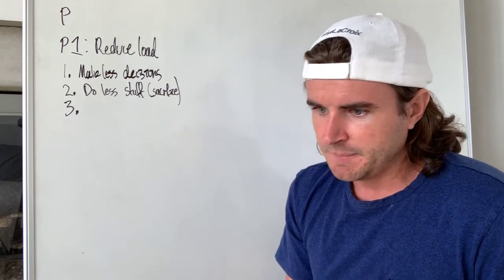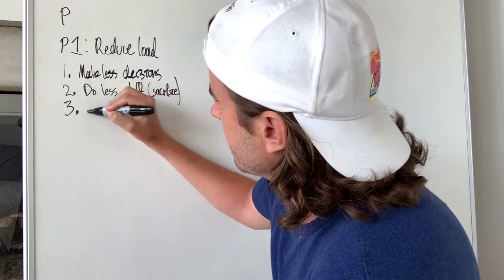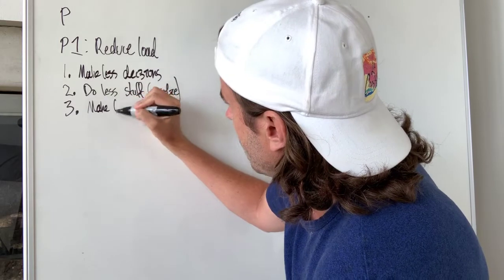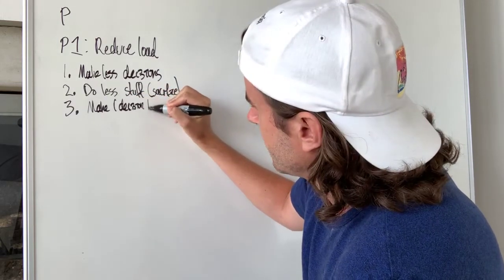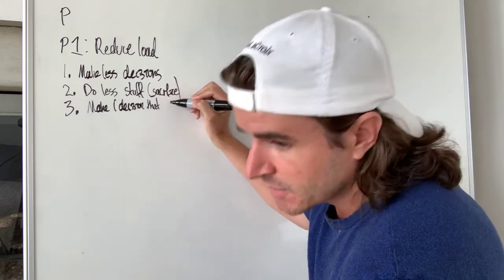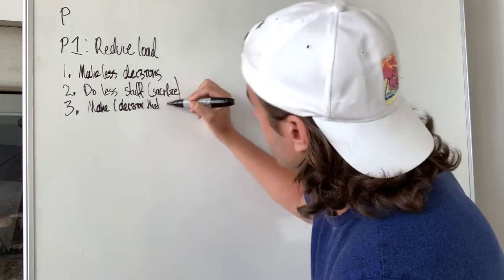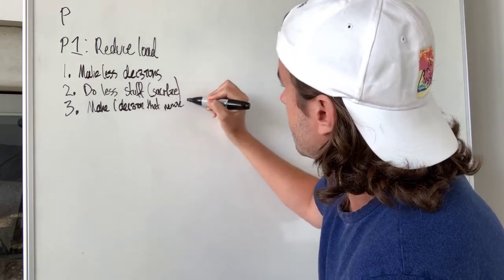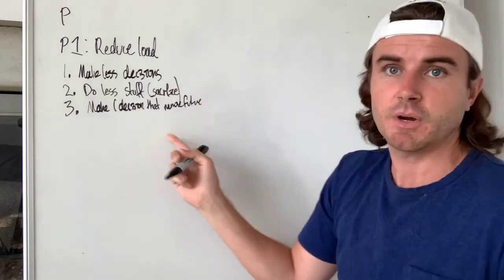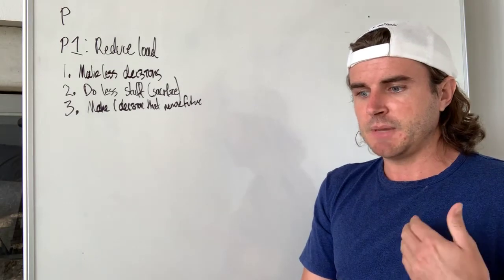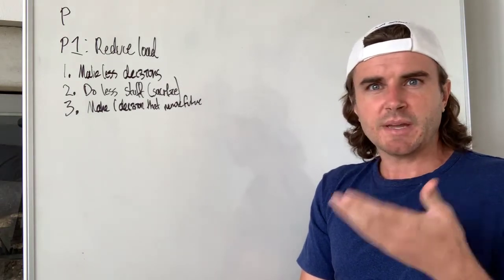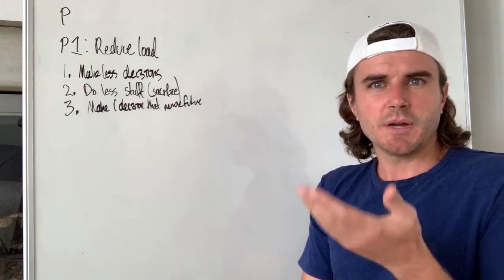Then the third one is to make one decision that removes future decisions, right? Now this is a powerful one. Most people wake up in the morning and they're like, oh, what am I going to wear today?